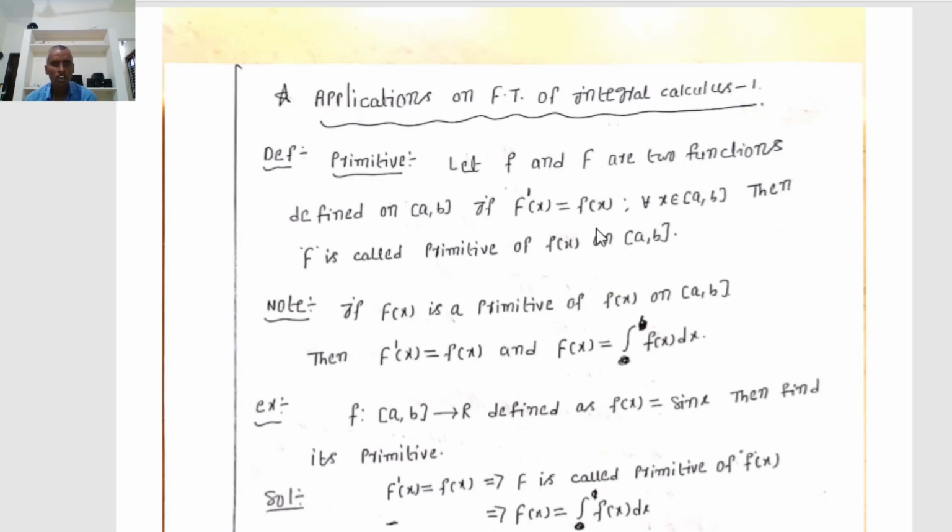If g dash of x equals f of x for all x belonging to [a, b], then g is called a primitive of f of x on [a, b].